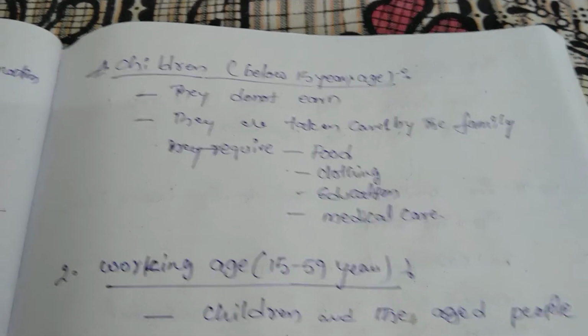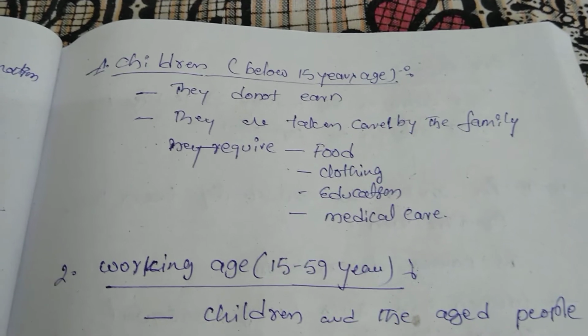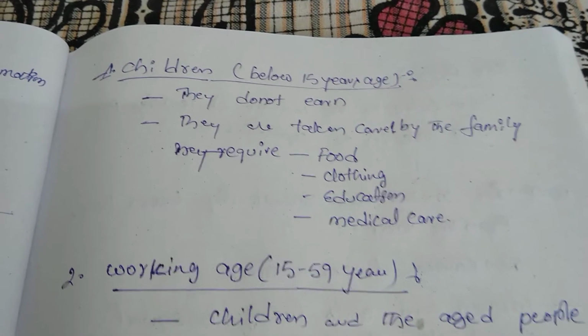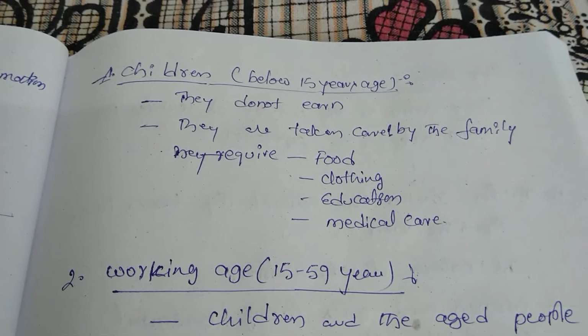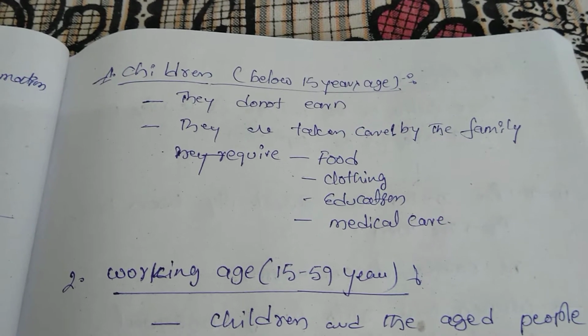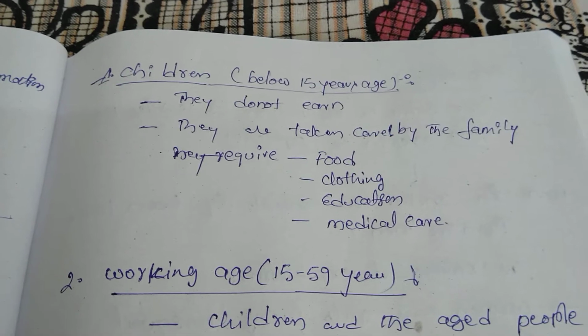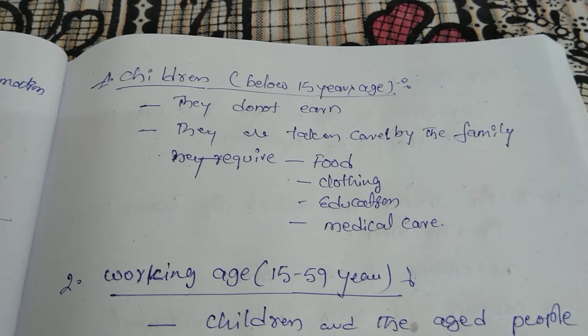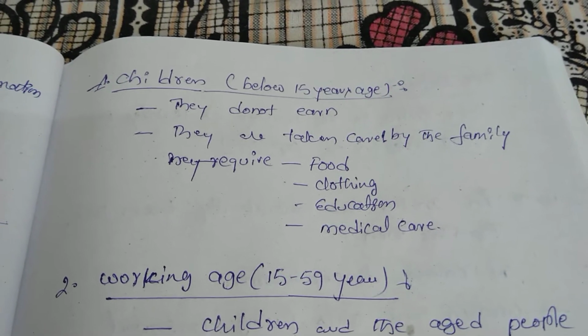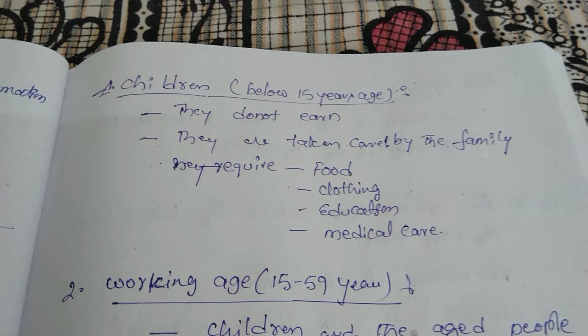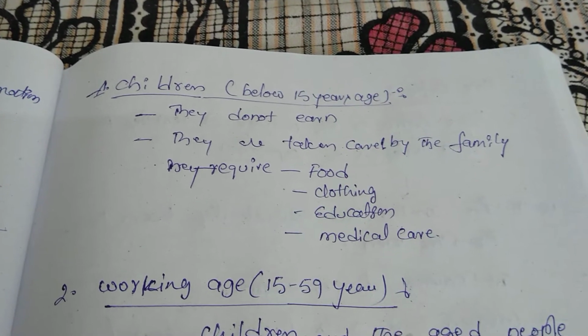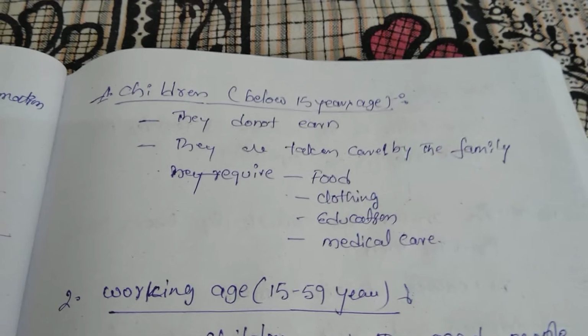Based on this information, the government will think about how many schools are required, how many students are enrolled in the schools, and how many children are facing difficulties because of being below the poverty line.